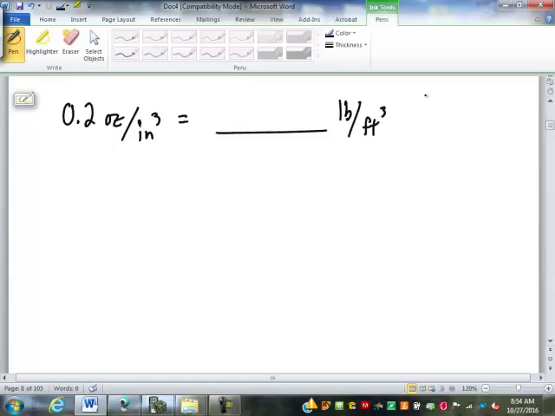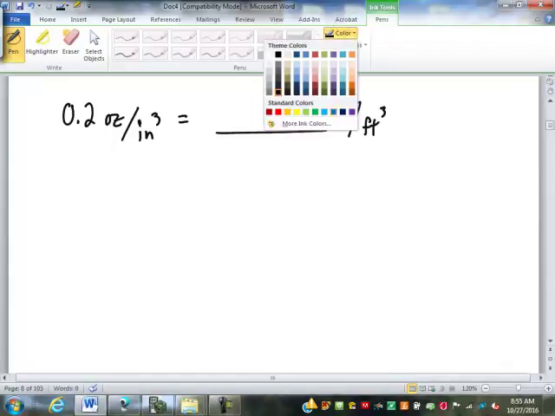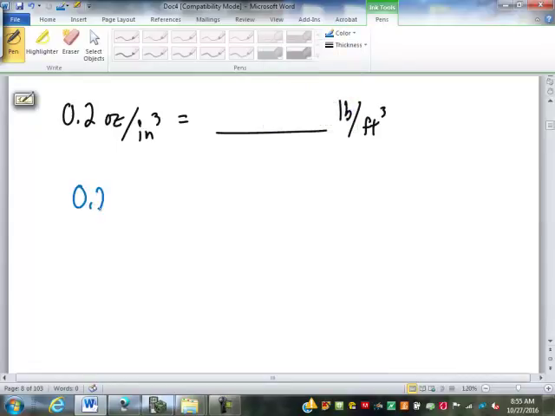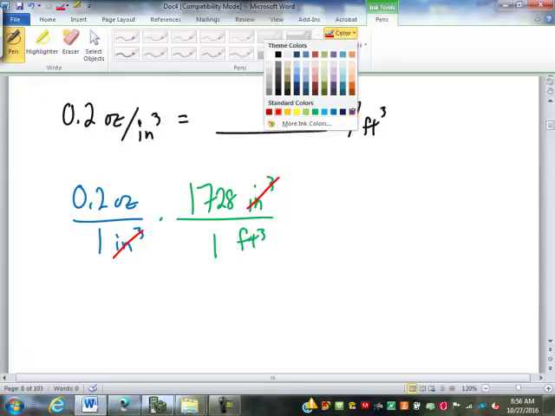Give that one a shot for me quick. 0.2 ounces over 1 cubic inch. Let's do the cubic inches first with that. Cubic inches on top, cubic feet on bottom. 1 cubic foot is 1728 cubic inches. That'll cancel out the cubic inches.